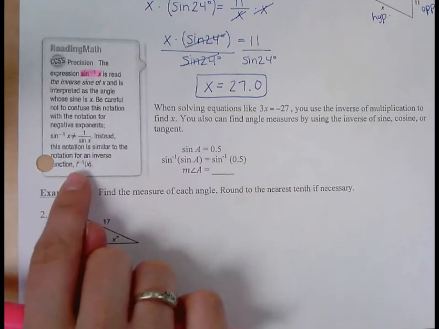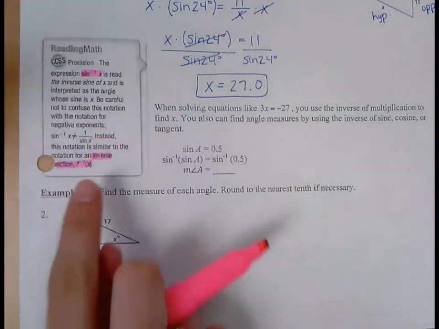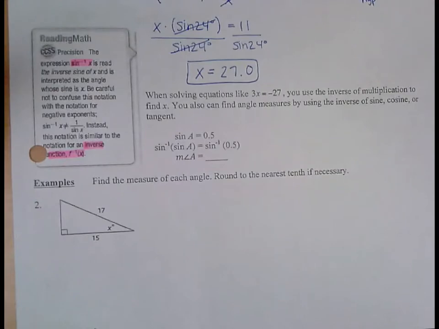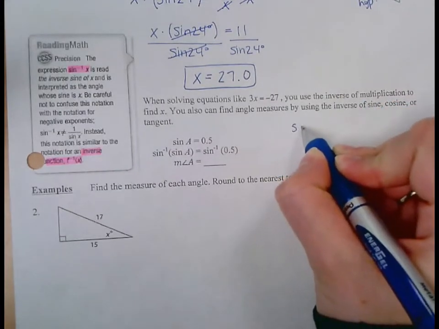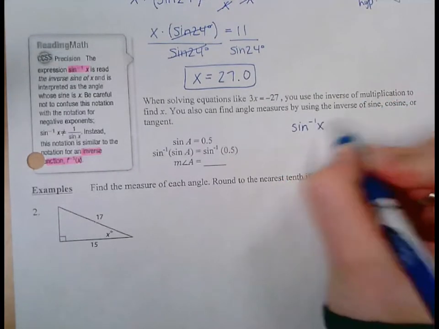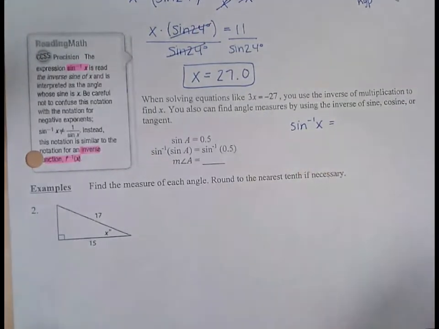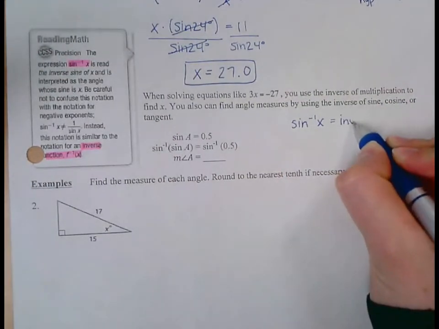This notation is similar to the notation for an inverse function. You might remember inverse function notation was f and then negative 1 of x. It's that same notation, that little negative 1 that looks like an exponent, but it's really not. So if you see sine negative 1 x, I'm saying it that way so you know how to write it. That's not how you actually say it though. This means inverse sine.